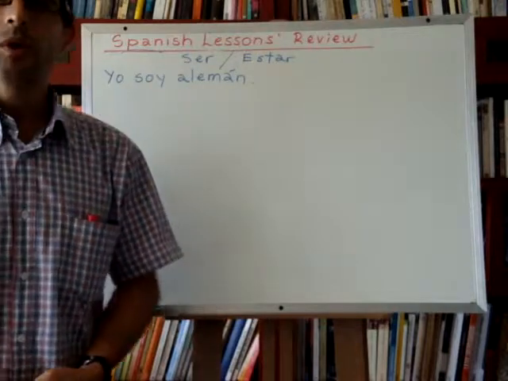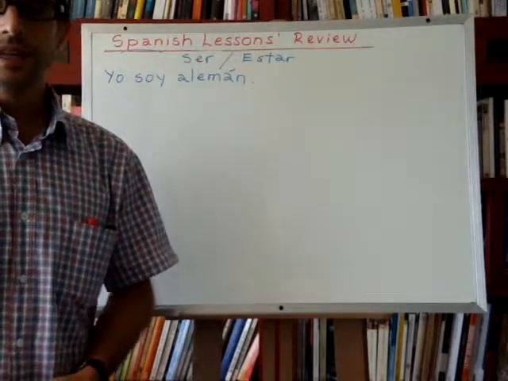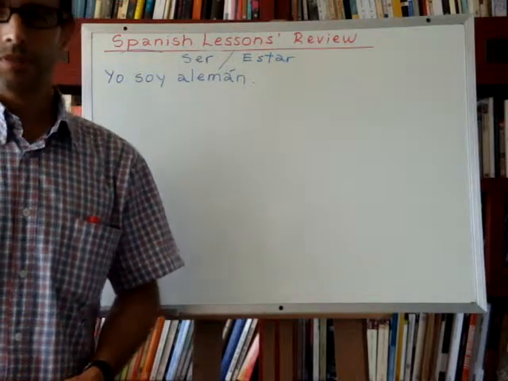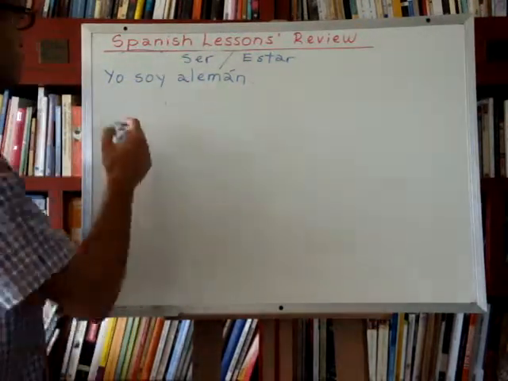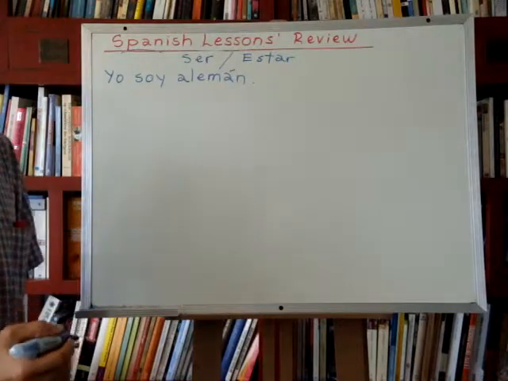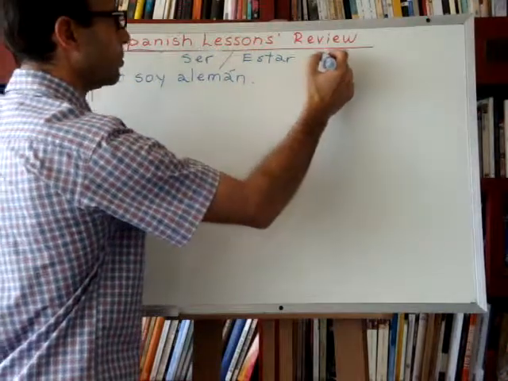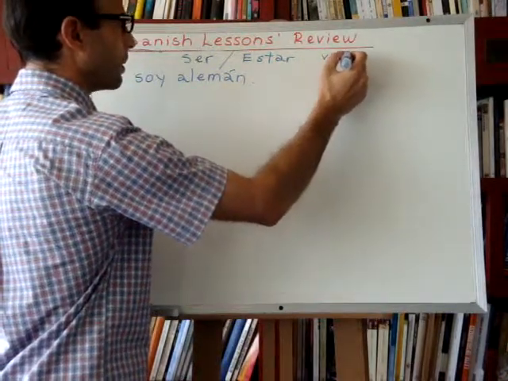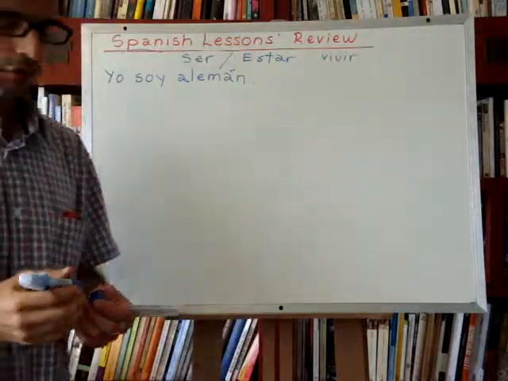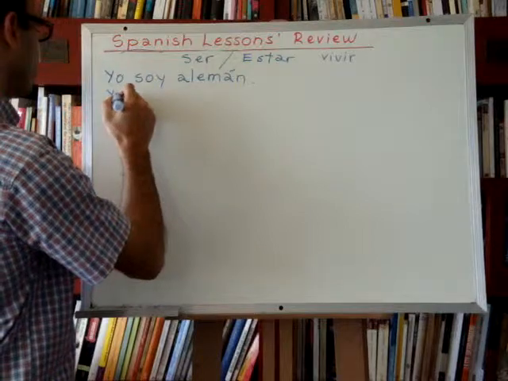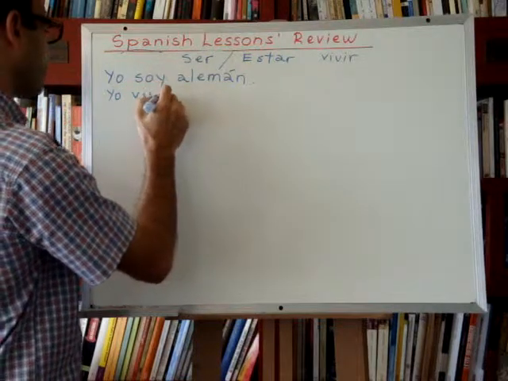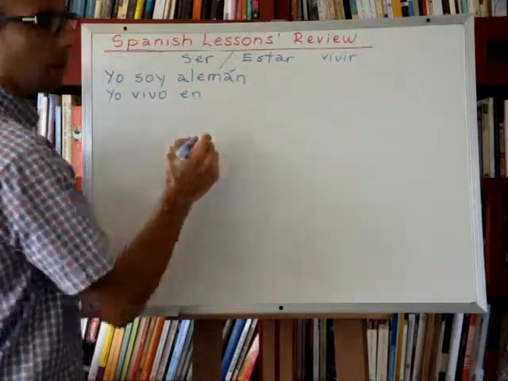Now, how would we say I live in Germany? I live in Germany. Remember, the verb to live in Spanish is the verb vivir, right? A verb from the third group of verbs, yes? Yo vivo en Germany.